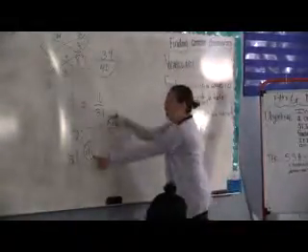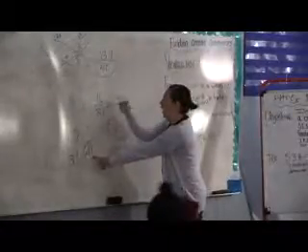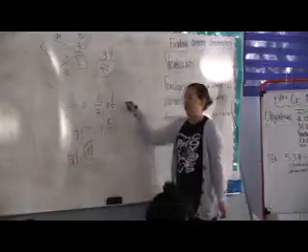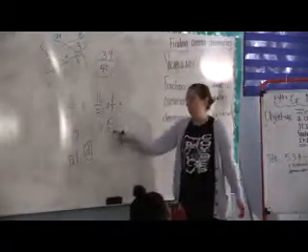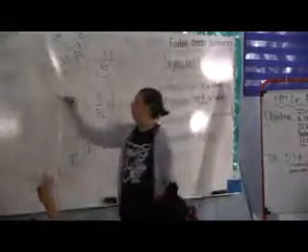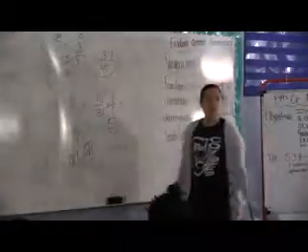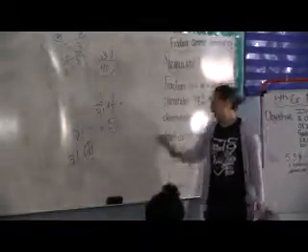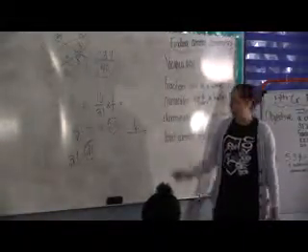So this 21 right here, what am I multiplying by? 1. 1 over 1, which is still going to be 10 over 21. Now, what do we have to multiply the 7 by? 3. 3 over 3. 2 times 3 is what? 6. 7 times 3? 21.